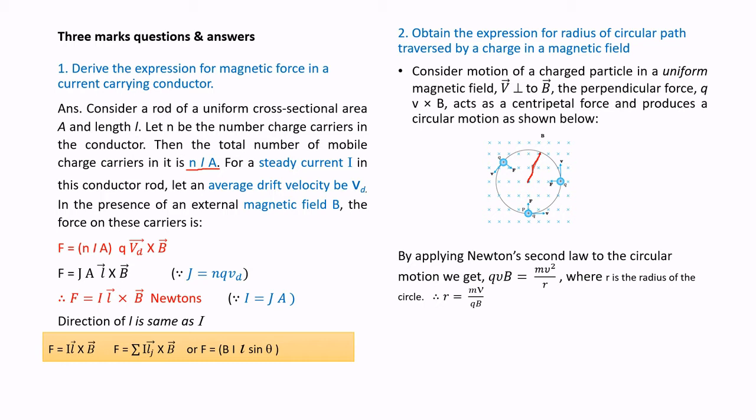Therefore, the radius is given by r equal to mv square divided by qvB, one v gets cancelled. So the remaining part is mv divided by qB. This is the expression for radius of circular path. So qvB is equal to mv square by r, and r is equal to mv by qB.